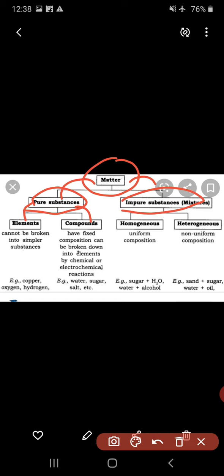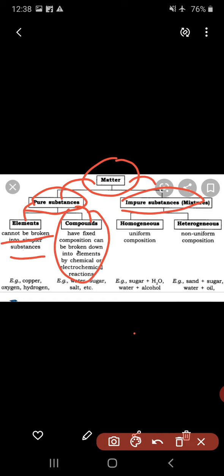Now here, elements means what? In simple language, an element is a substance which is made up of any one type of particles. ऐसा सब्सटेंस कि जो एक ही टाइप के पार्टिकल से बना हो उसे बोलेंगे हम एलिमेंट्स. And here elements can be broken down into simpler substances.